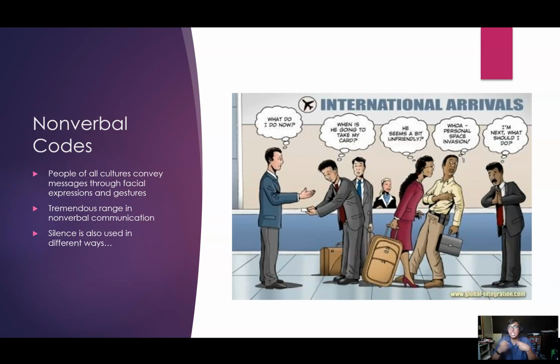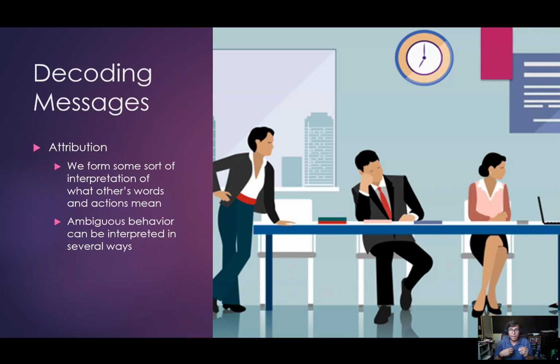So how do we decode some of these messages? Well, we have to keep in mind our attributions. We form some sort of interpretation of what others' words and actions mean. Ambiguous behavior can be interpreted in several different ways.